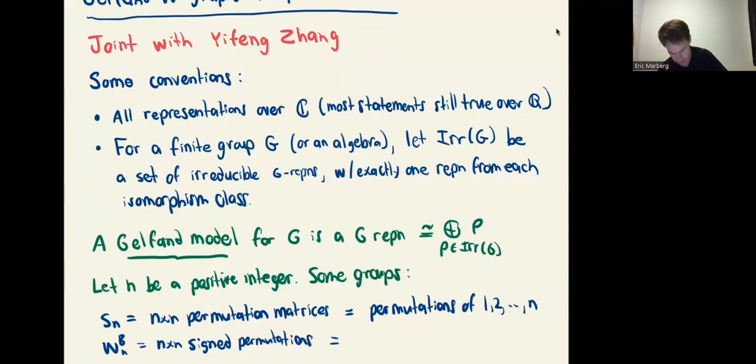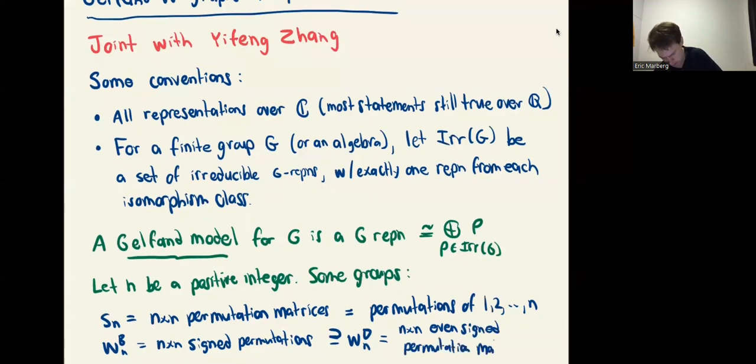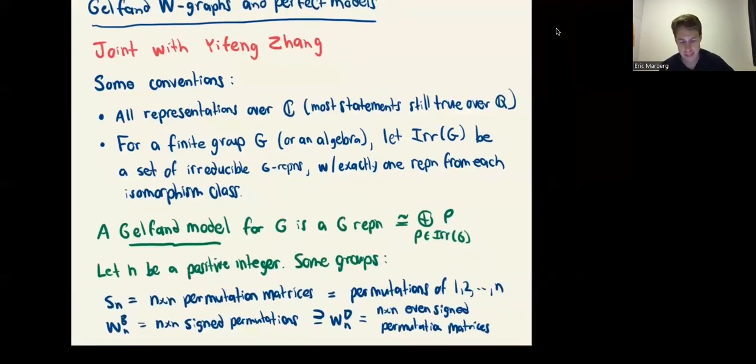And this will contain WDN, which is the n by n even signed permutation matrices. So here, a signed permutation matrix is just a permutation matrix, but you can change some of the 1s to -1s, and even signed will just mean there's an even number of -1 signs.